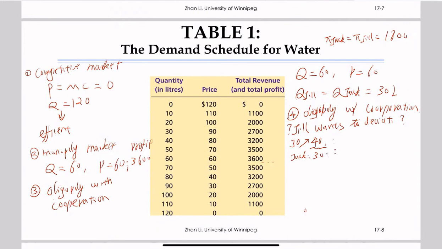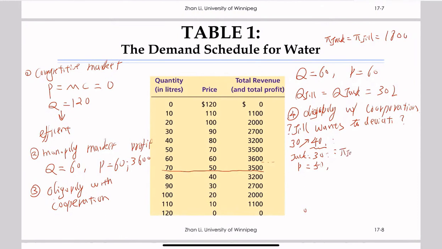What is the market price? Well, we can read from the demand curve, right? Price has to be 50. Now, what is Jack's profit?